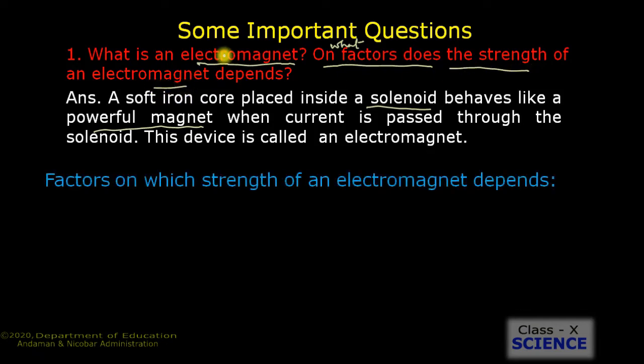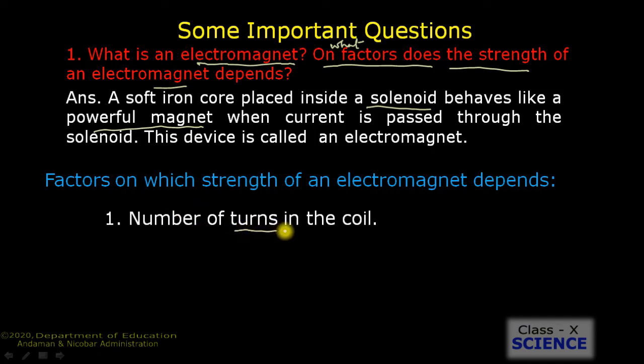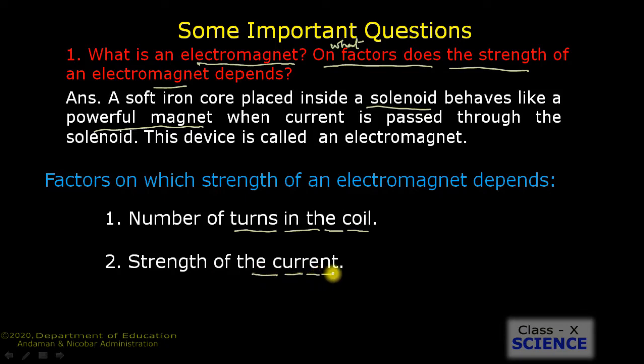The factors on which the strength of an electromagnet depends are: number one, we have learned that the number of turns in the coil increases the magnetic field. So by increasing the number of turns in the coil, the strength of the electromagnet can be increased. The second factor is the strength of the current. If the current flowing in the coil is more, then the strength of the electromagnet will be more.